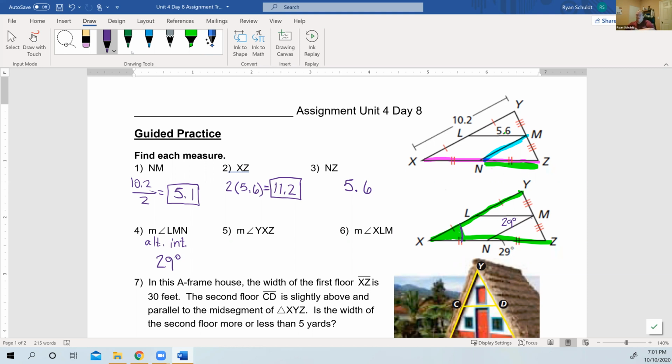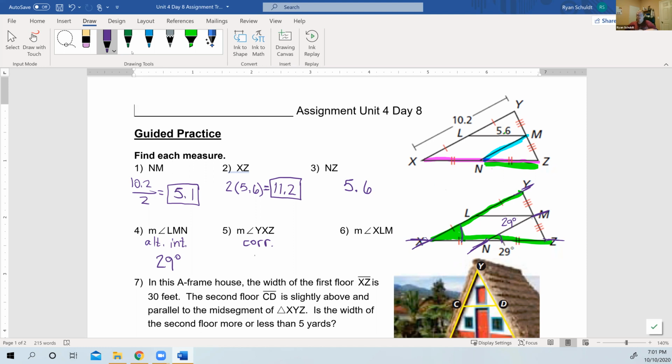Well, again, I've got me a set of parallel lines here. This time my transversal is XZ. So how is the angle I want related to the 29 they give? They're corresponding. And corresponding angles are what?